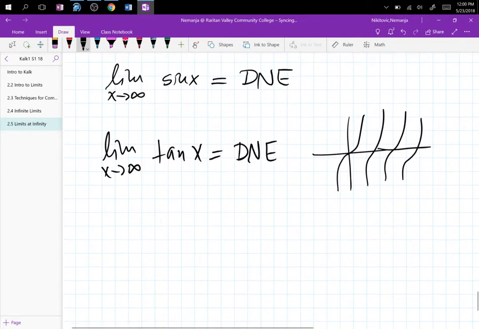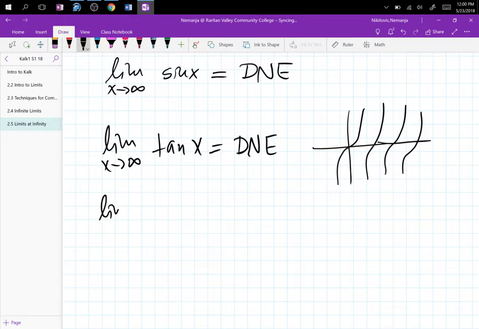For the inverse trig function, limit of tangent inverse of x as x goes to infinity, you are getting pi over 2. And you have to be very careful about these things.